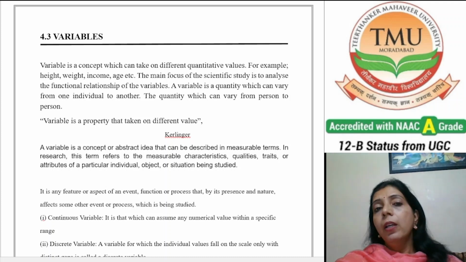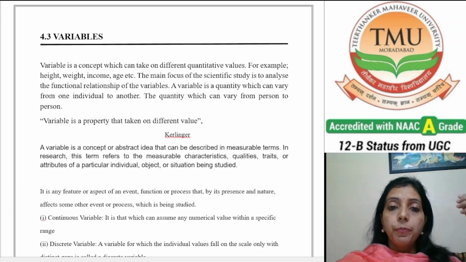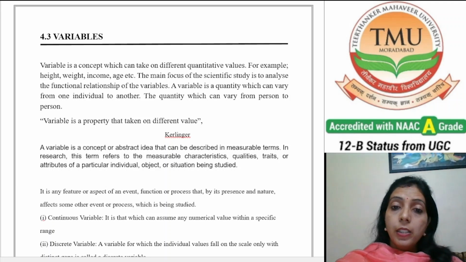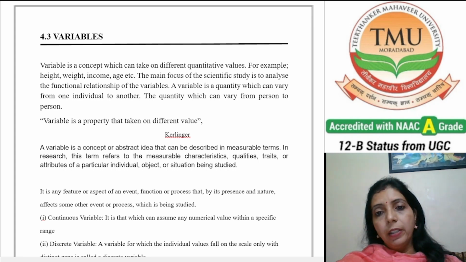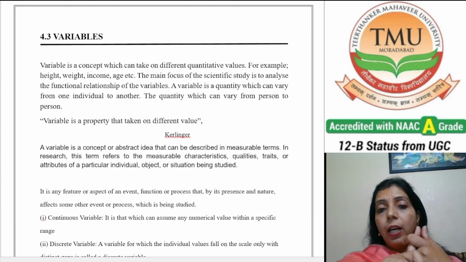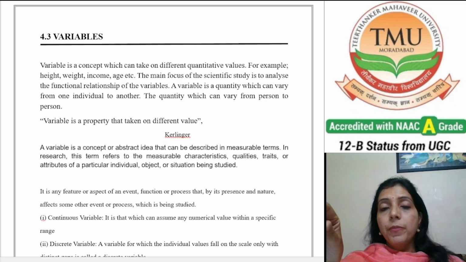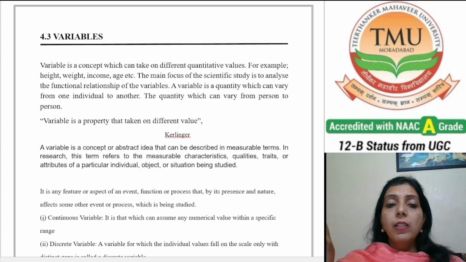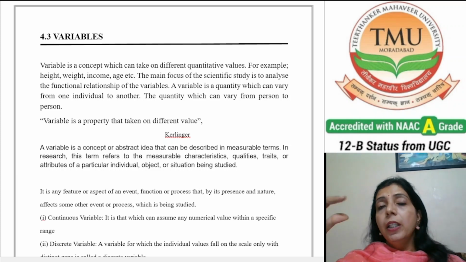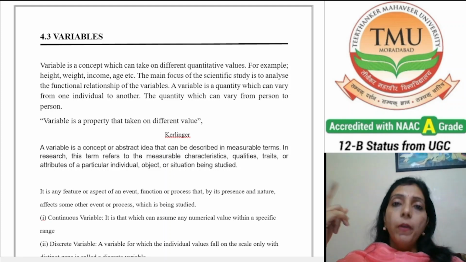In this example, the grade level is constant because all individuals involved are in 7th grade. This characteristic is the same for everyone. So this is a constant condition of our research study.